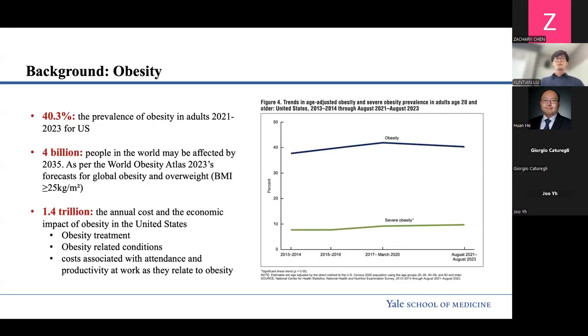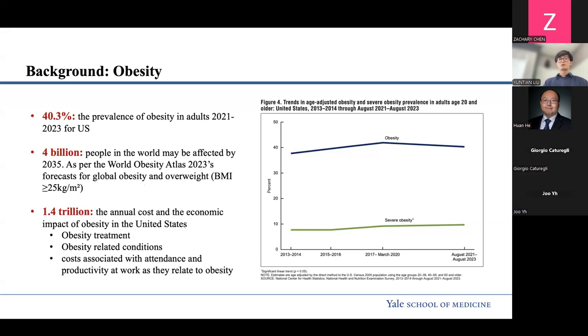I want to first throw out some numbers as I introduce obesity. 40%: this is the prevalence of obesity in adults using the most recent data. 4 billion: that's the number projected by the World Obesity Atlas in 2023, meaning 4 billion people by 2035 would be affected by obesity.